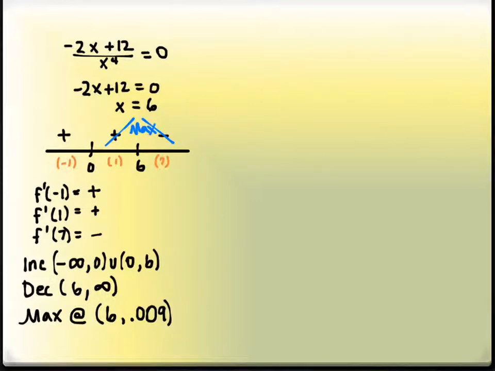Okay, this was step 4. Step 5 is what? About concavity, right? Step 5 talks about concavity. And how do we find things about concavity? Second derivatives. So we need to find the second derivative.